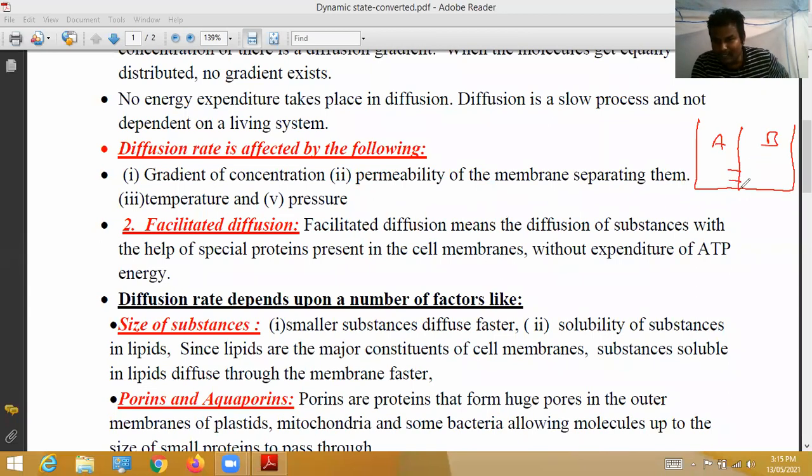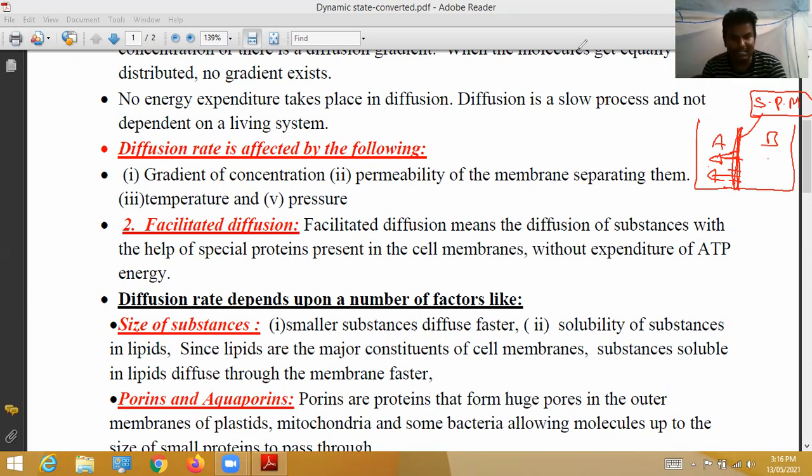Through it molecules do not move, do not enter to this, do not enter to this. From B to A molecules do not move because this membrane prevents the moving of gas or molecules or whatever. So this is called a semi-permeable membrane. For diffusion, any semi-permeable membrane is not required.